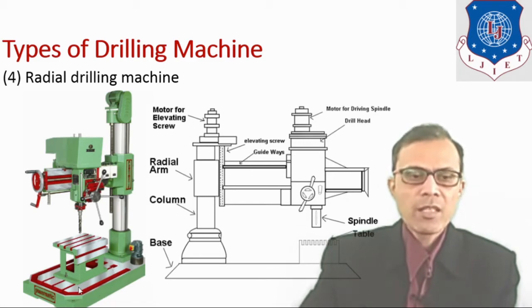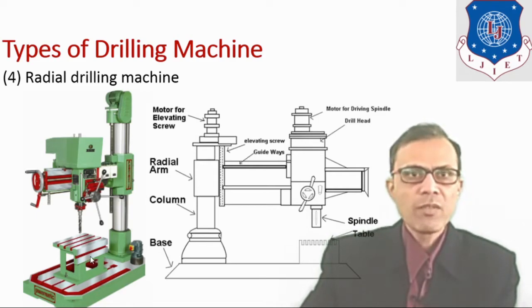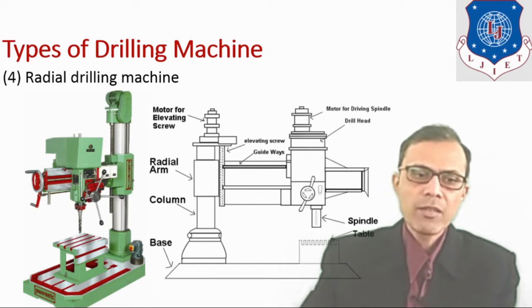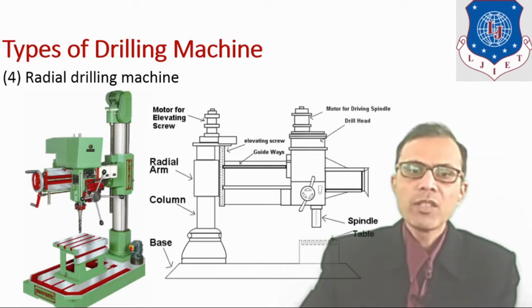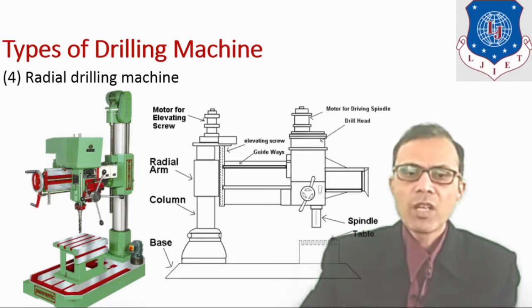This base has T slots over here, and on the T slots we can also mount the table for small size workpieces. Or if the size of the workpiece is larger, then that workpiece can be mounted directly on this table. Here one important feature is that this radial arm can be swung around this column by 360 degrees, which is very convenient to make a hole at the required position on the workpiece.